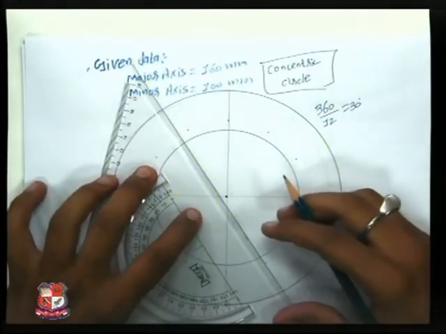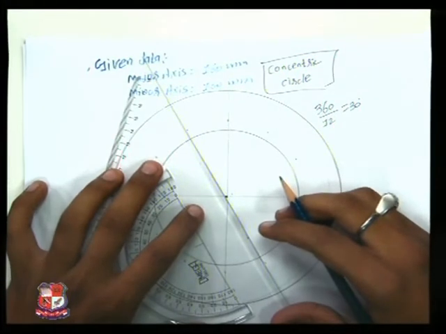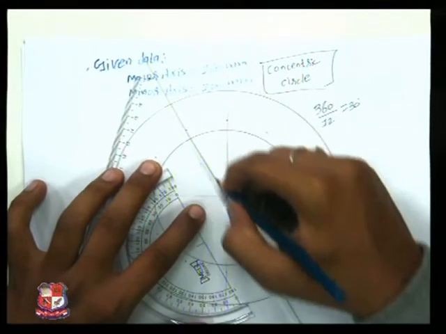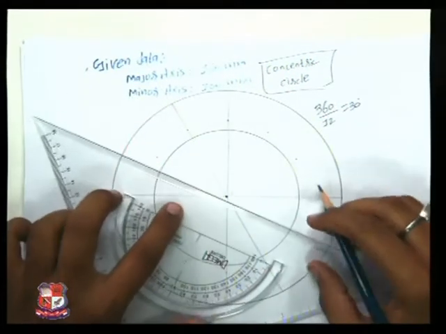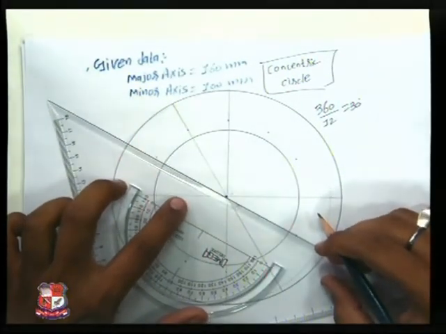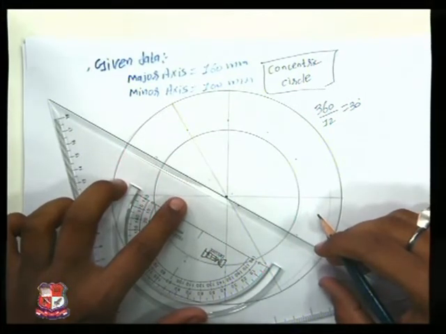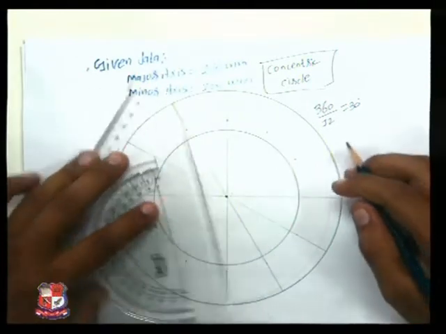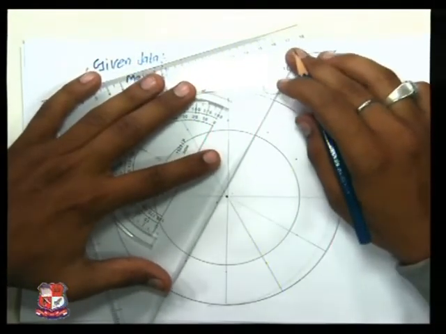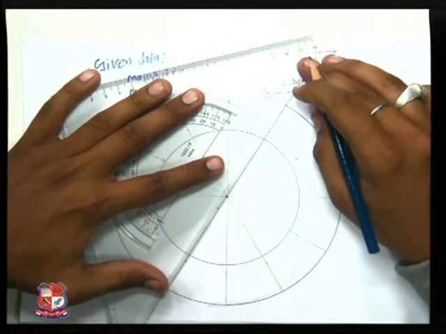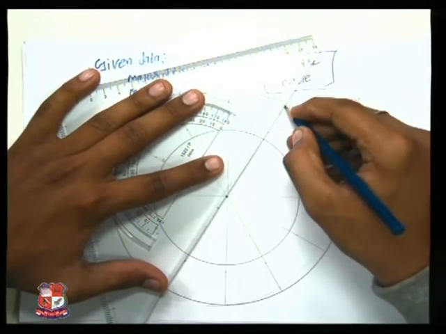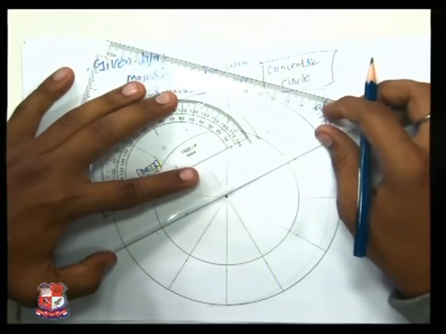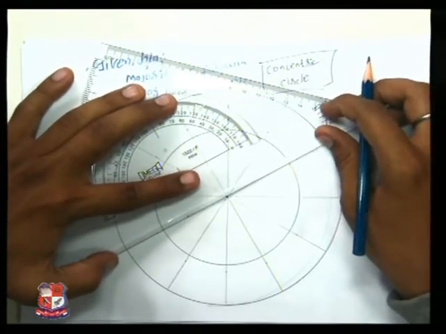Please note that all the points and all the lines would be passing through the center point C1 like this. This is how you can divide a circle into 12 equal parts.